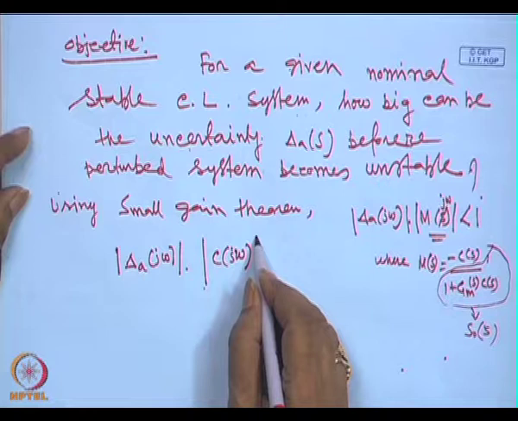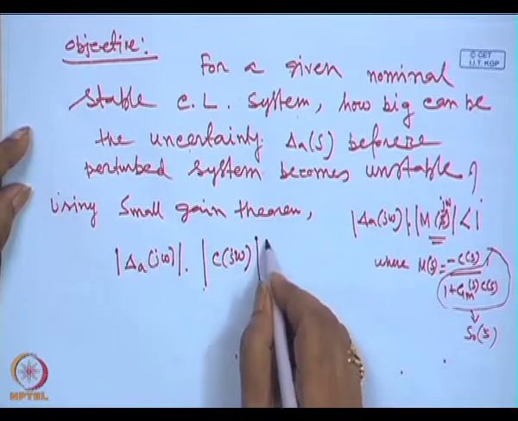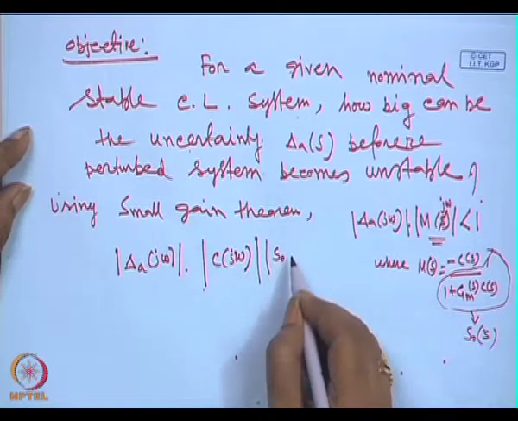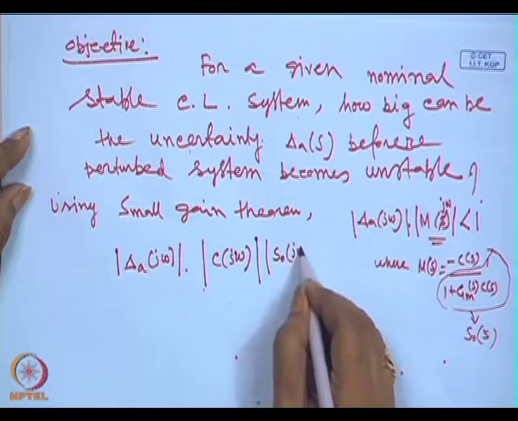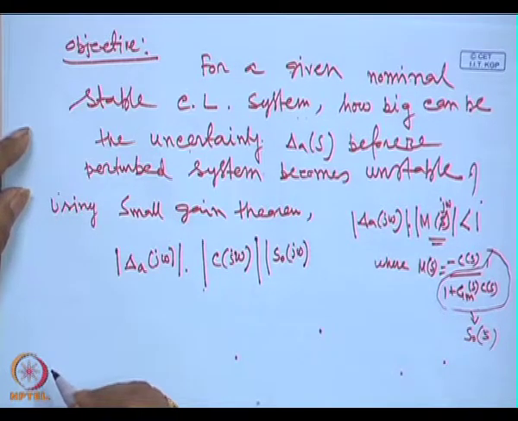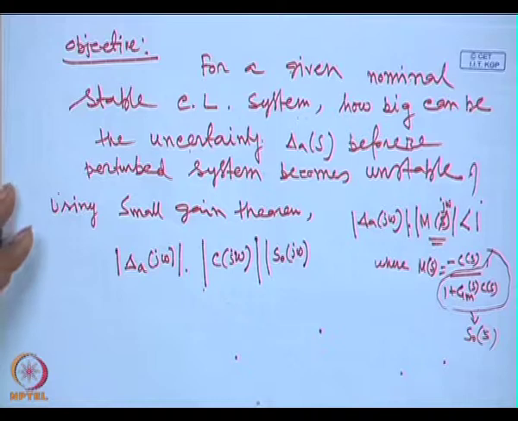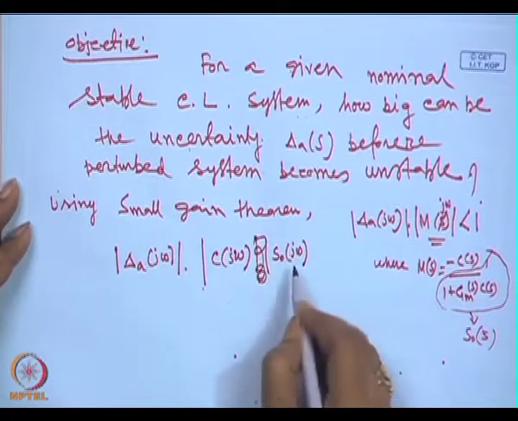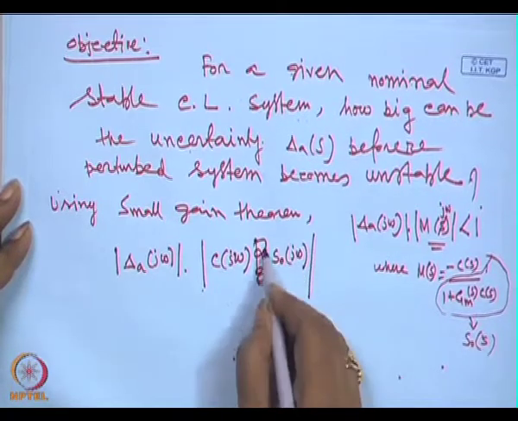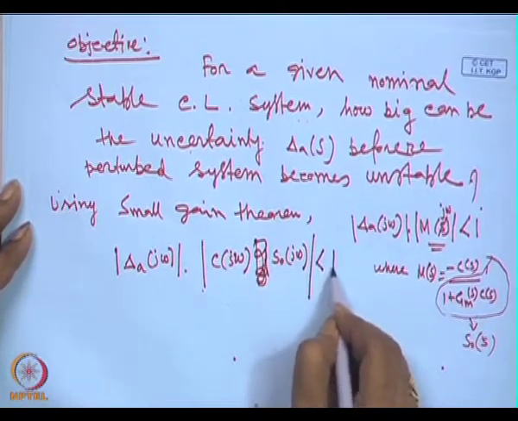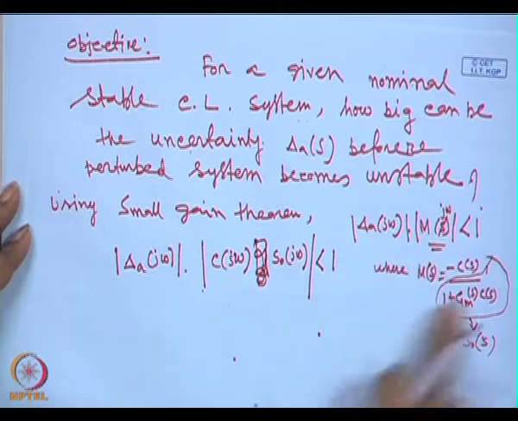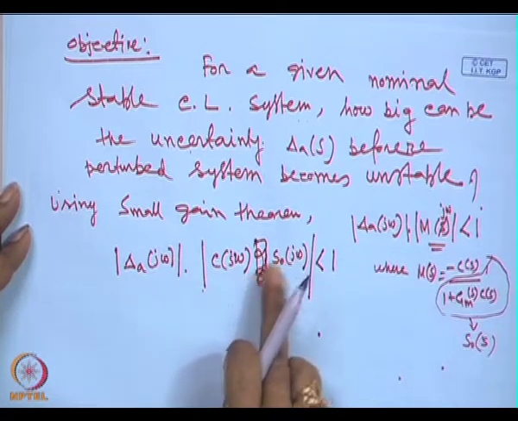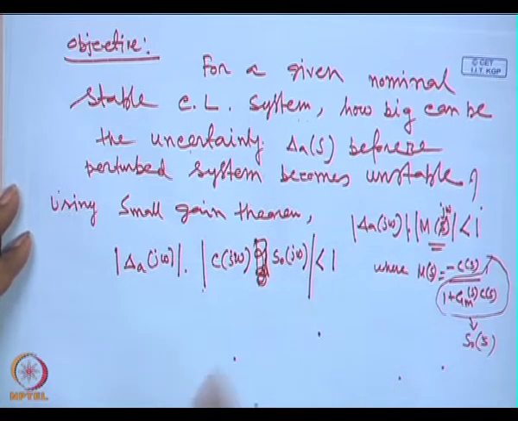You can write this as mod S0(j omega), this whole thing, which will be less than 1. What is M? M is that quantity, C(s) into S0(s), which is less than this.